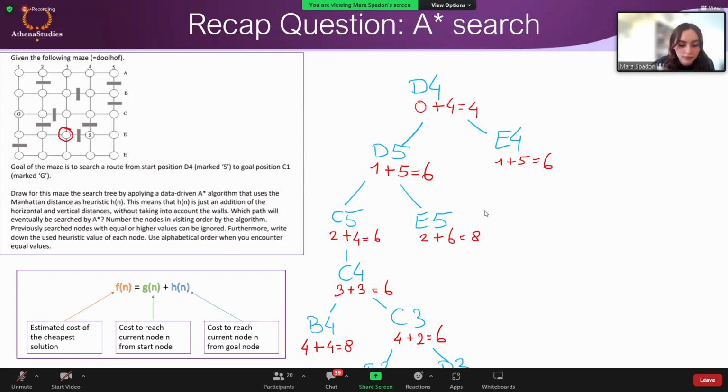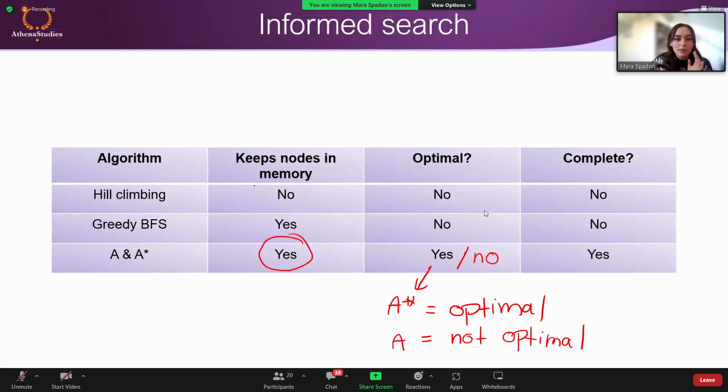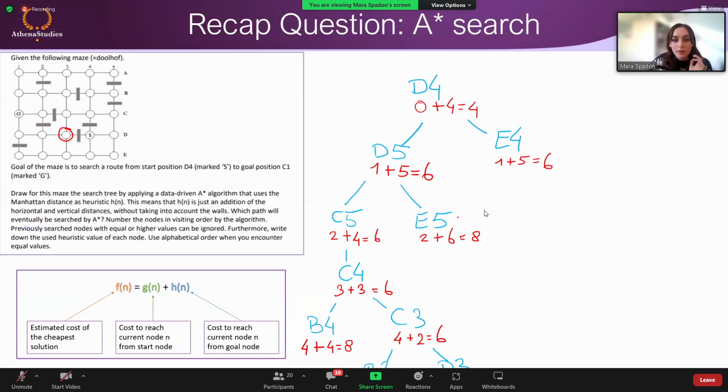Also 5 plus 3. Yes. So now we've reached a point where from 6 we could go to 8 or to 8. But remember with A* search also, it keeps nodes in memory. So just like best first search, we can actually go back up and then explore E4.